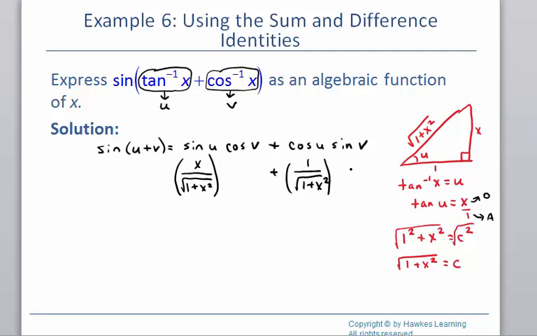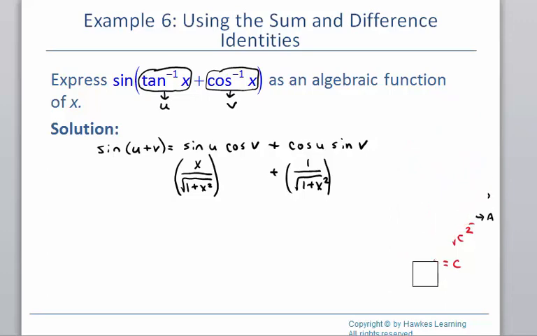Now, we need to do something similar for v, right? So I'm going to erase this, and we're going to do the same approach for angle v. So I'm going to draw a right triangle. I'm going to label an angle v, and let's look at what we know.